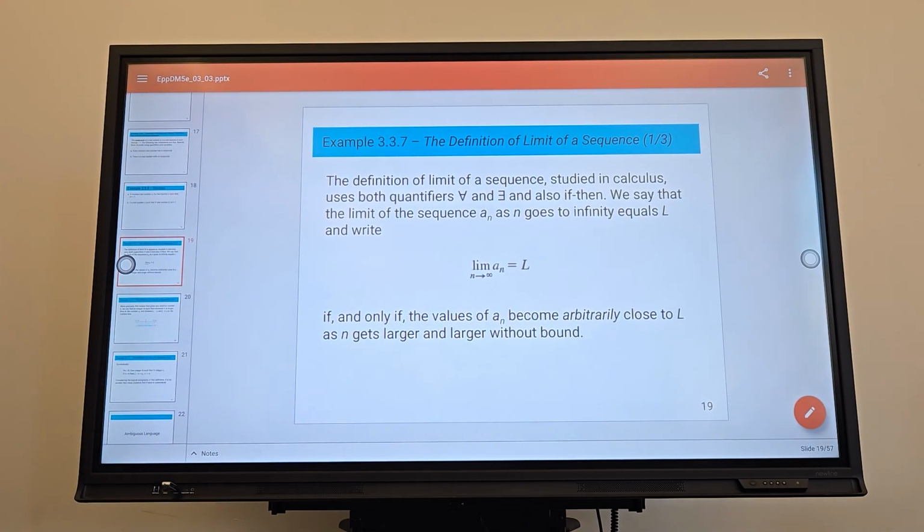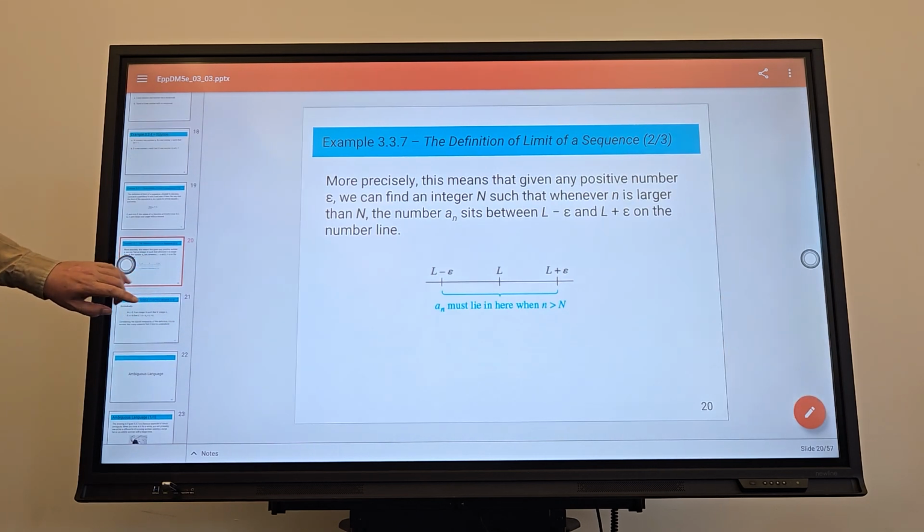This one I had to look over a few times to get straight in my head. The definition of the limit of a sequence studied in calculus uses both quantifiers, for all and there exists, and also if-then. We say that the limit of a sequence a sub n as n goes to infinity equals L, and write this here, if and only if the values of a sub n become arbitrarily close to L as n gets larger and larger without bound.